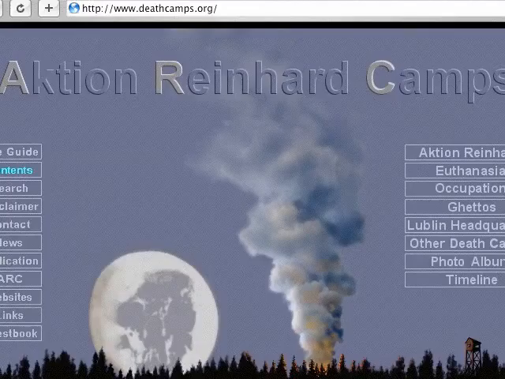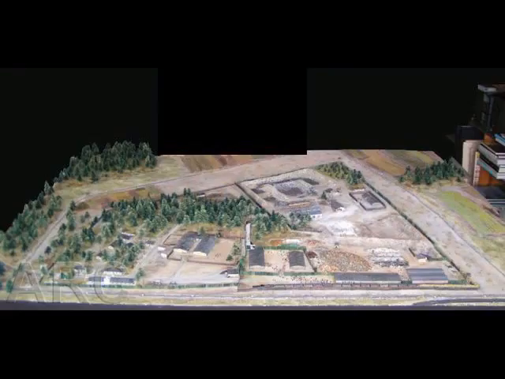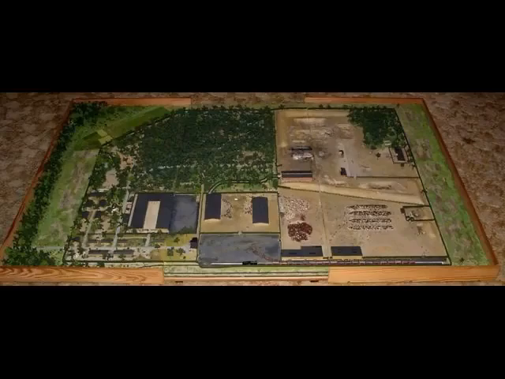Plus, on a website called deathcamps.org, we see various Treblinka models that have burial spaces and layouts similar to Arad's map. Here's the 2004 Laponder model. Here's the camp perimeter. Here's the killing operations area. Here's the gas chamber. Here are the pits. Here's the Peters model. Here's the camp perimeter, the killing operations area, the gas chamber.